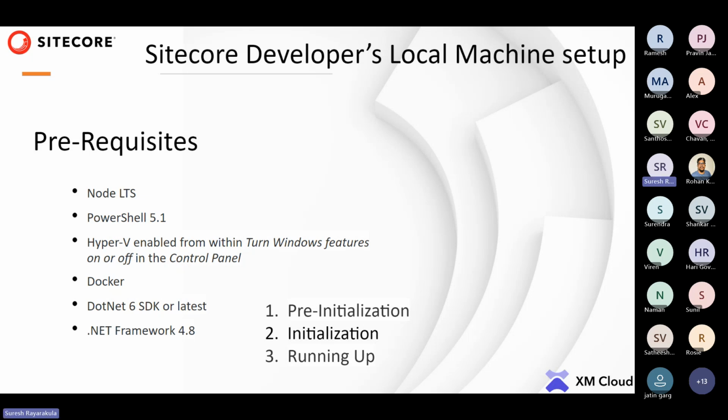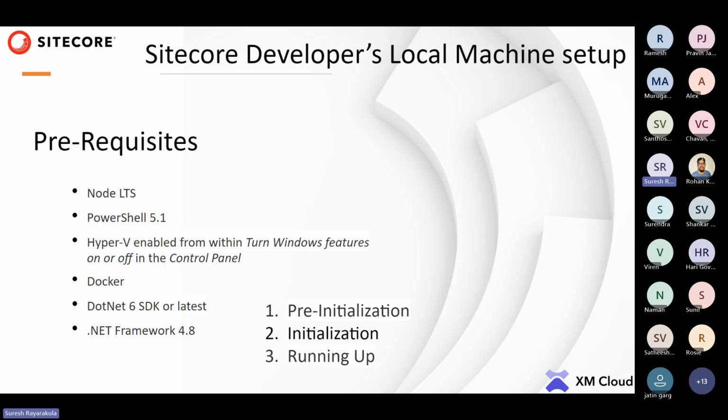Before you start the setup, make sure your machine meets the following requirements. Node LTS, the long-term support version of Node.js, is essential for running JavaScript-based tools and applications. Ensure you have PowerShell version 5.1 installed, which is used for running scripts during setup and deployment. Hyper-V must be enabled on your machine.